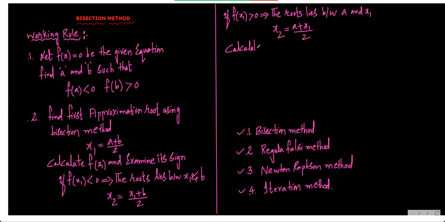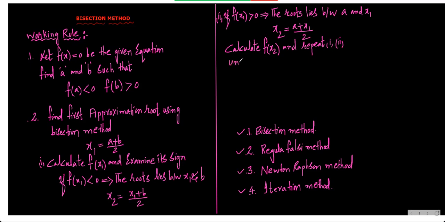Calculate f of x2 and repeat. This is the first part of the second step, and the second part of the second step. Repeat first and second until the required accuracy of the root.